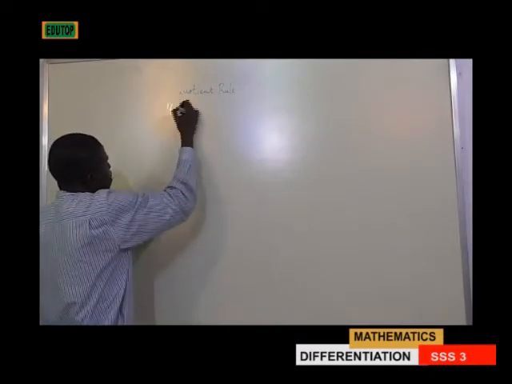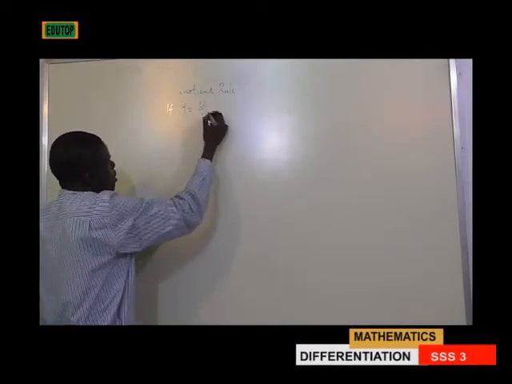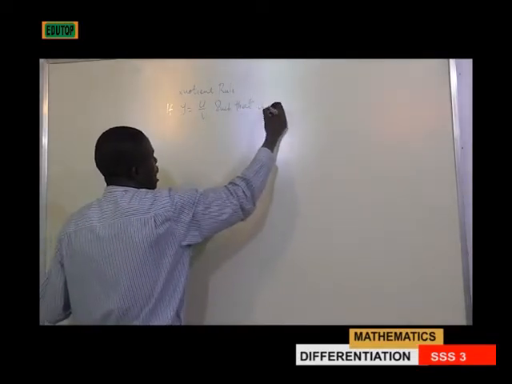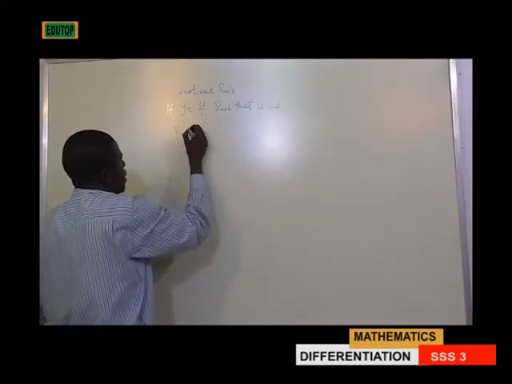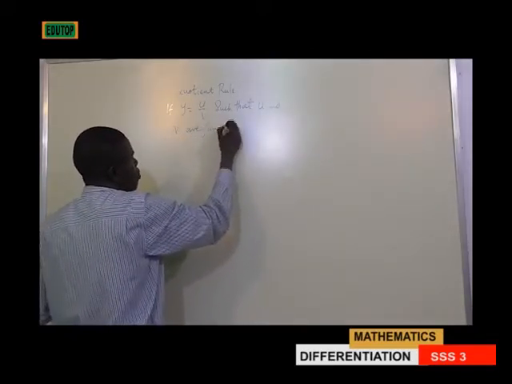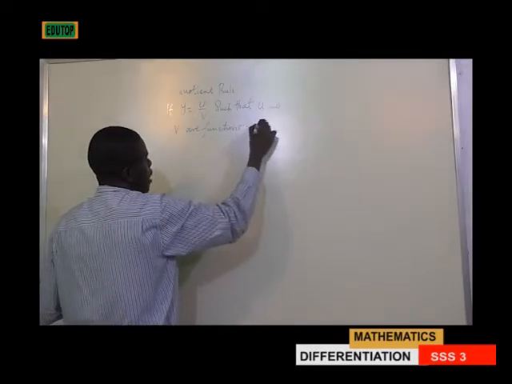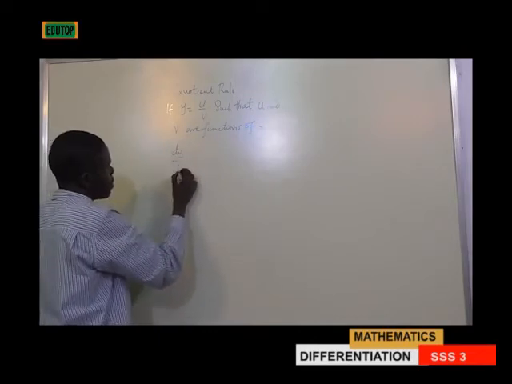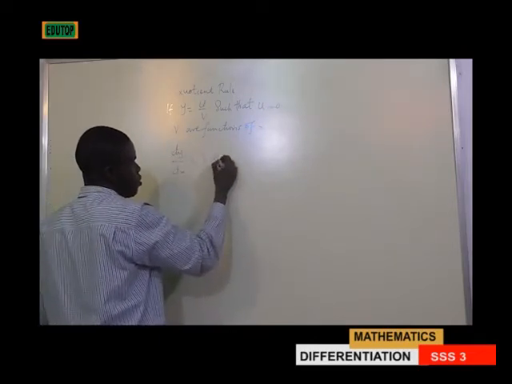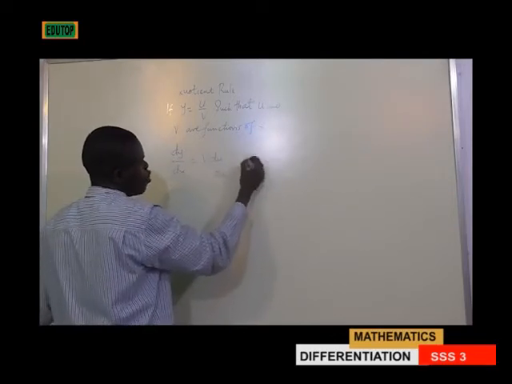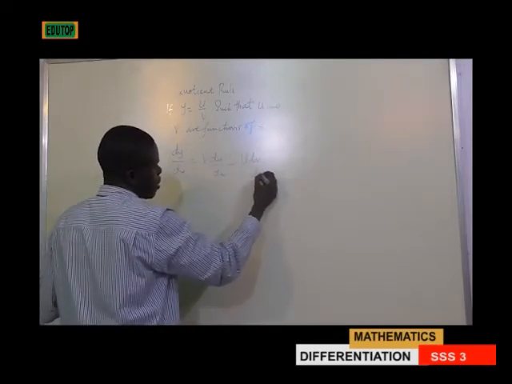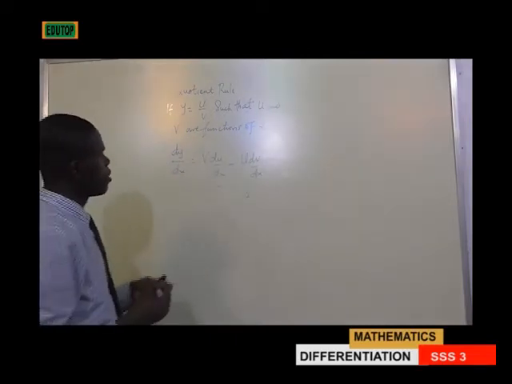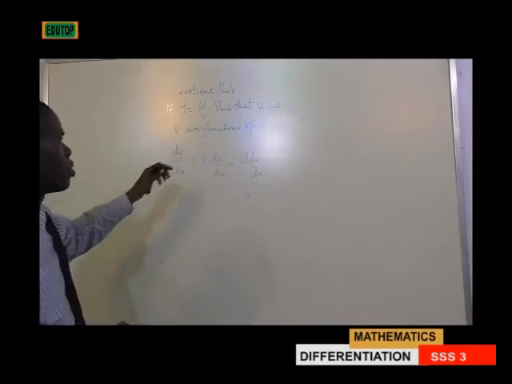So let's say if y equals to u over v, such that u and v are functions of x, then we have dy/dx will be equals to v du/dx minus u dv/dx over v squared.